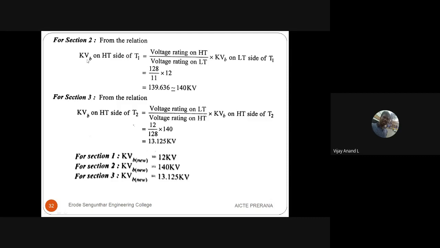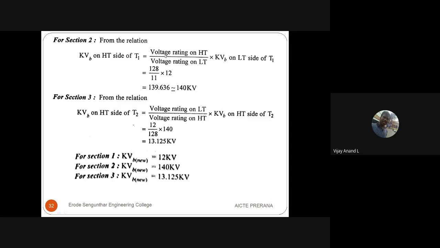We have to calculate kV_B on the HT side of T1, so the denominator should go to the right hand side. Then the final equation becomes kV_B on HT side of T1 is equal to voltage rating on the HT side divided by voltage rating on the LT side into kV_B on the LT side of T1.